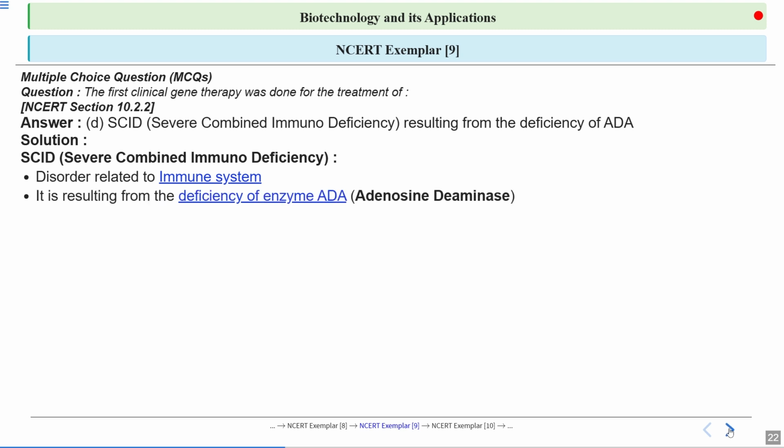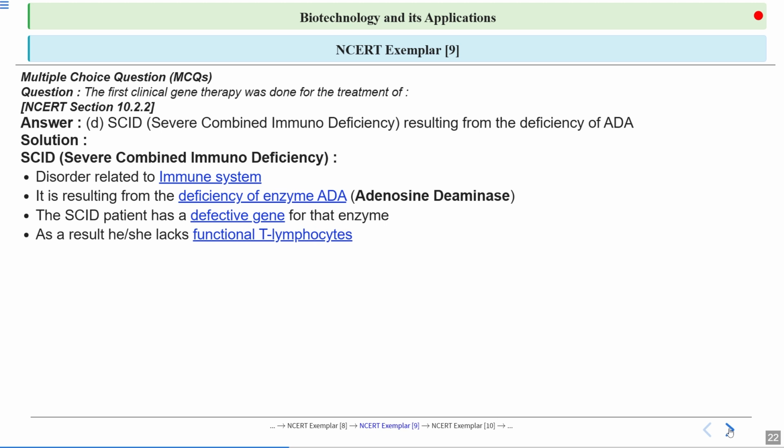The SCID patient has a defective gene for that enzyme, and as a result he or she lacks functional T lymphocytes. This first clinical gene therapy was done on a 4-year-old girl who had a defective gene encoding the enzyme ADA, adenosine deaminase.